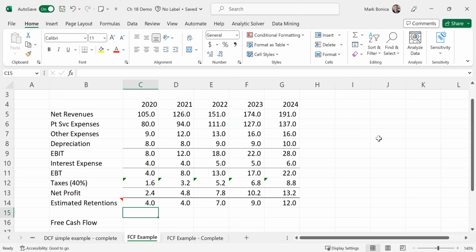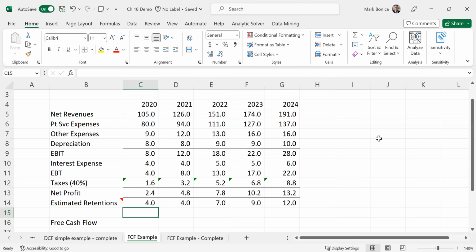So the idea here is we've got this net profit of 2.4. And what estimated retentions is, is the amount of cash that the firm needs to hold on to, needs to retain in order to continue to grow. And you say, but Professor Bonica, they only have 2.4 million in profit, and you're saying that they need 4 million to retain to grow.